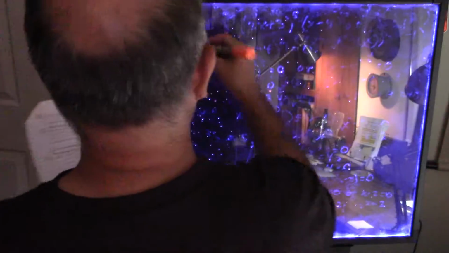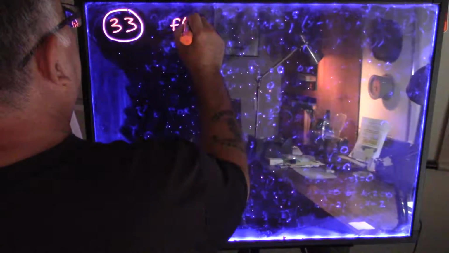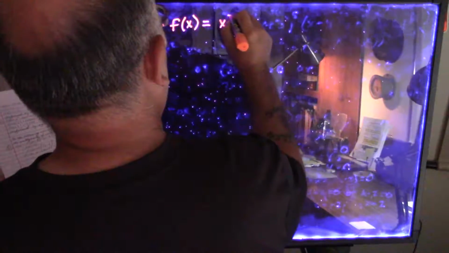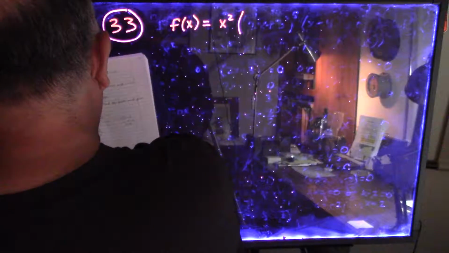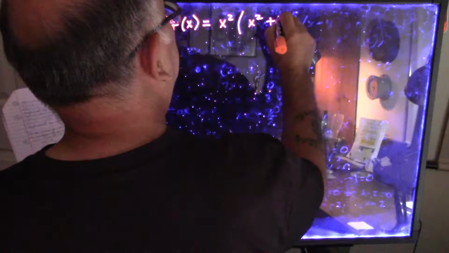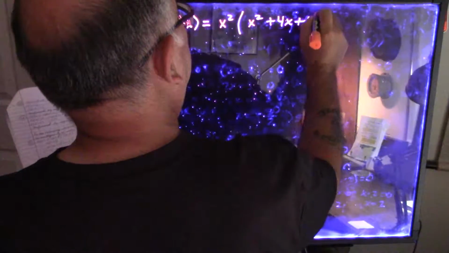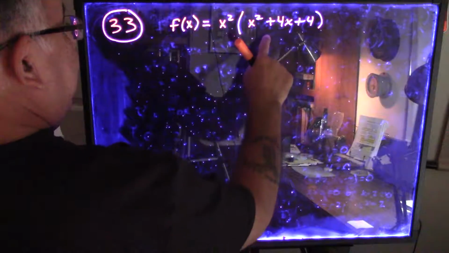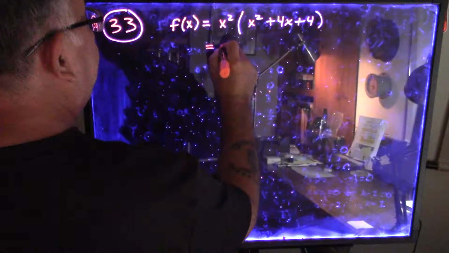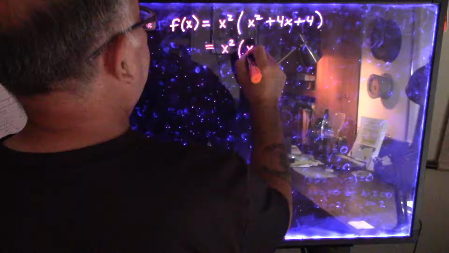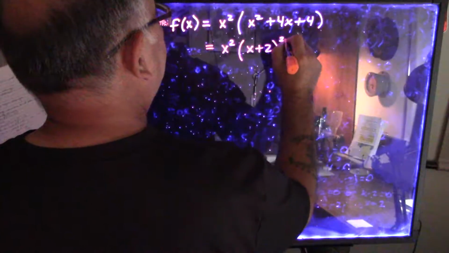Number 33, we have f of x equal to x squared times the quantity x squared plus 4x plus 4. And this can be written as x plus 2 quantity squared.